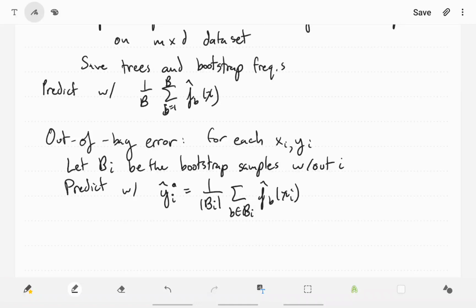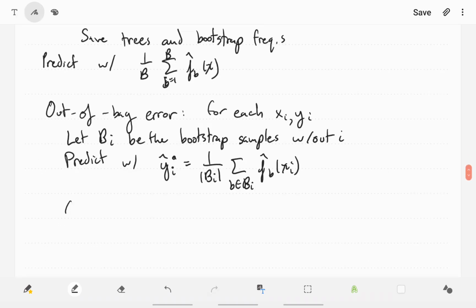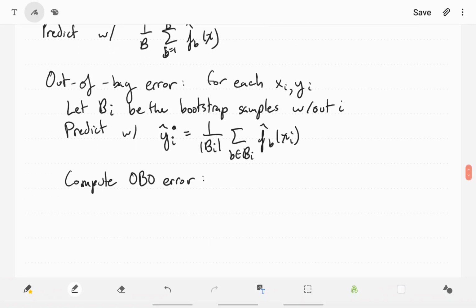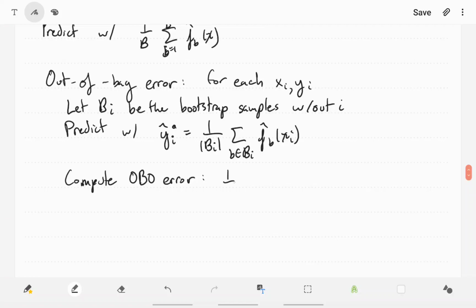So this is just the prediction using all of the bags that did not include the point in question. And then we get to compute our out-of-bag error, which is just our average loss using this out-of-bag prediction.